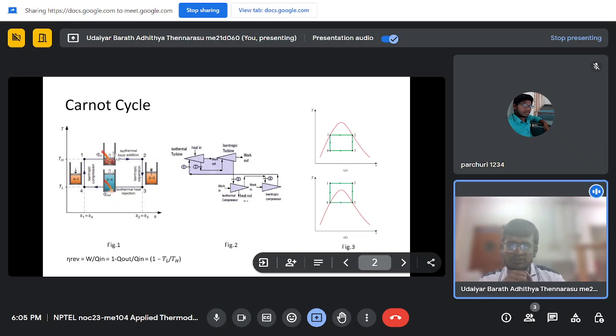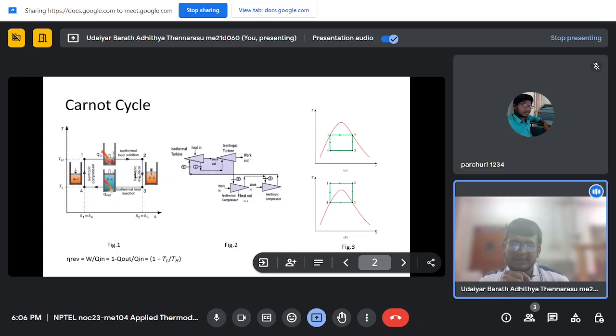There you remove the heat source, you insulate it, and you let the piston expand. Then you keep this in contact with the lower temperature heat source, so there will be heat rejection to that lower temperature heat source. During this process also the piston will continue to expand. Those are the four processes: isentropic compression, then isothermal heat addition, then isentropic expansion, then isothermal heat rejection.